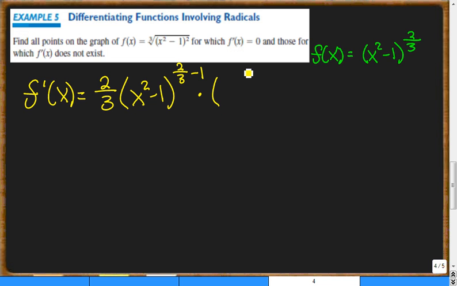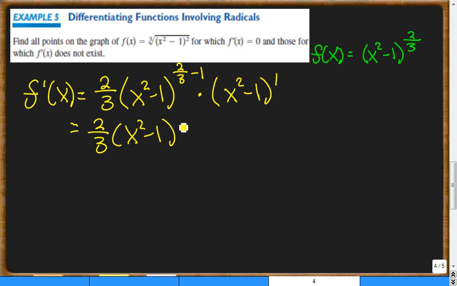Then we multiply that by the derivative of x squared minus 1. So this is going to be 2/3 times (x squared minus 1) to the negative 1/3 times the derivative of that, which is going to be 2x.